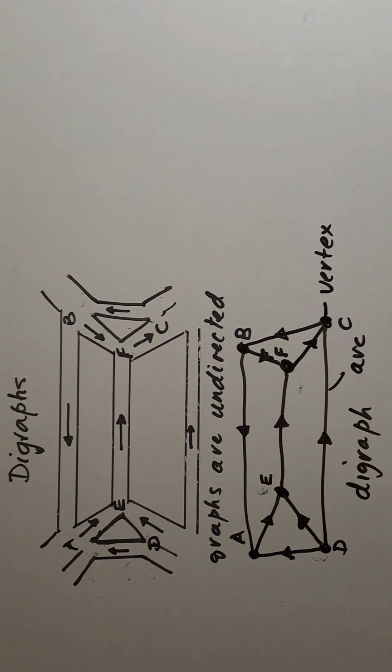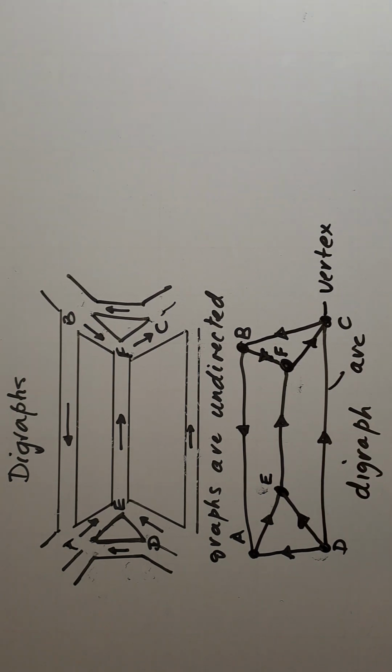So a diagram consisting of points called vertices joined by directed lines, called arcs, where each arc joins exactly two vertices.